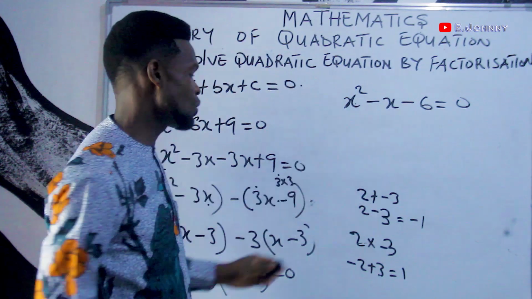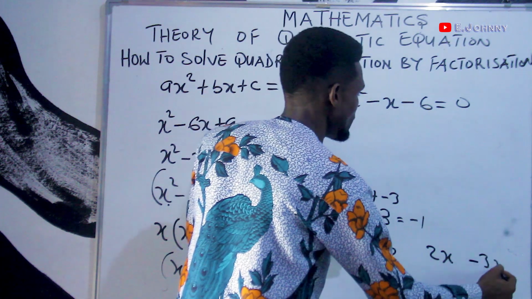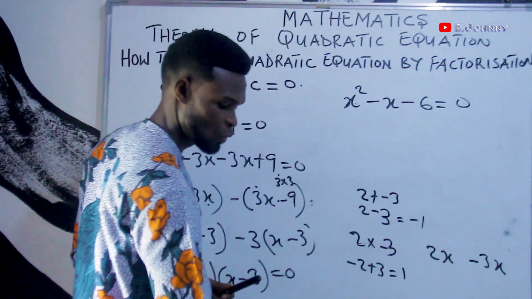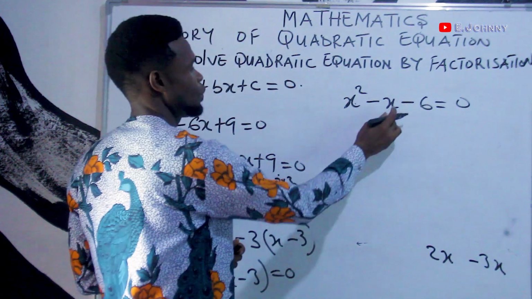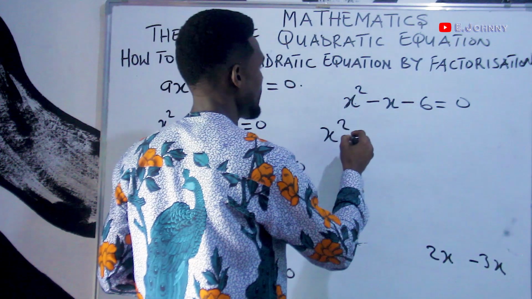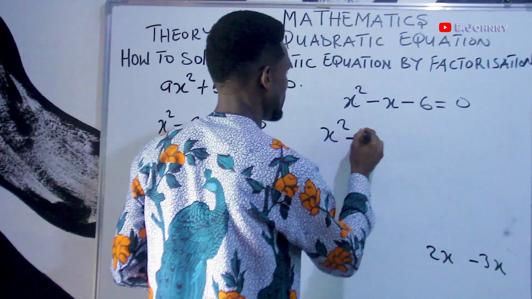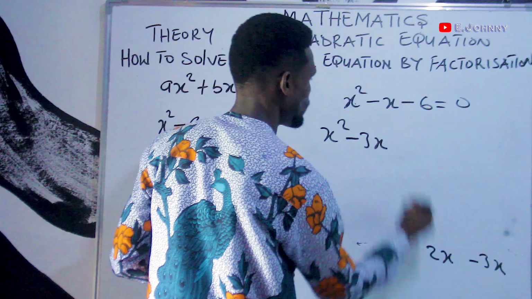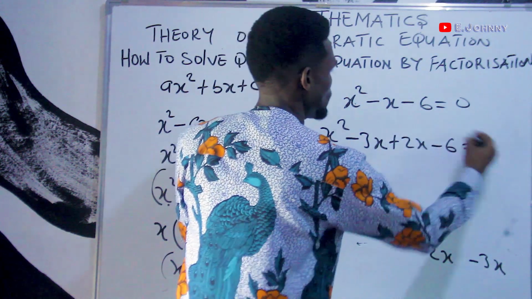So it means that the two numbers are 2x and minus 3x. Those are the two numbers we're going to introduce into this place. So you have x squared minus 3x plus 2x minus 6 equals to 0.